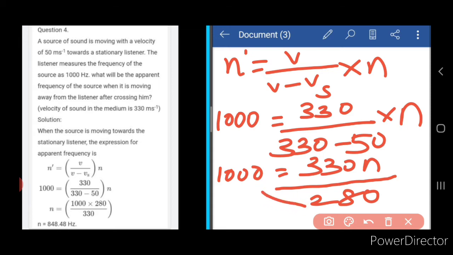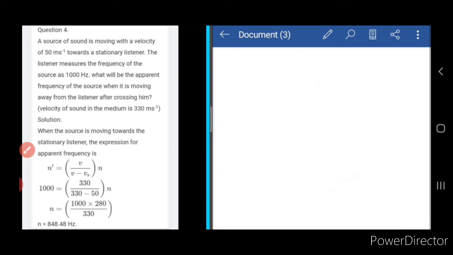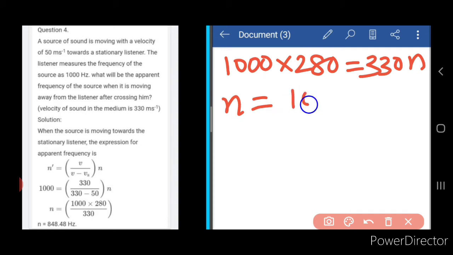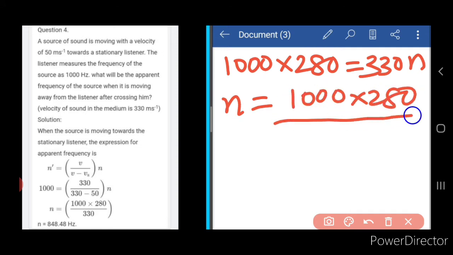Now we can bring this 280 to the left hand side, right? What will be the equation? 1000 into 280 is equal to 330 N. Now we have to find out N. So N is equal to 1000 into 280 divided by 330.